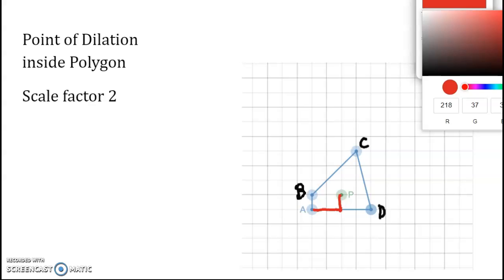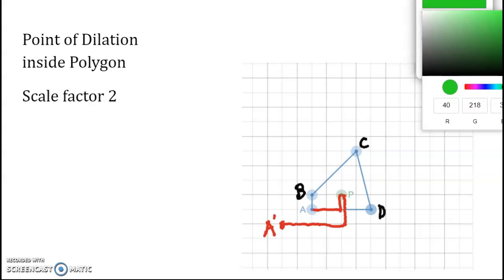So 1 down, 2 to the left. So the new A prime is going to be, instead of 1 down, 2 down, and instead of 2 to the left, 4 to the left. So this is going to be my A prime here.